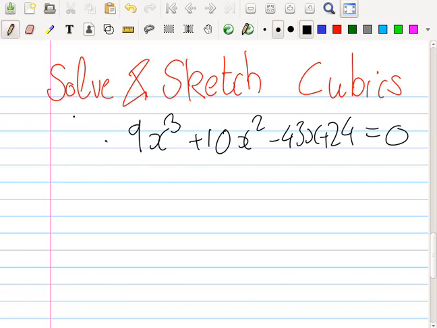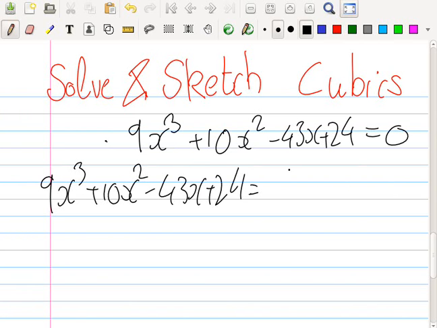You say cubic equals 1, 2, 3 brackets, and then you take one of them down and divide. So this cubic, 9x cubed plus 10x squared minus 43x plus 24, equals 1, 2, 3 factors.